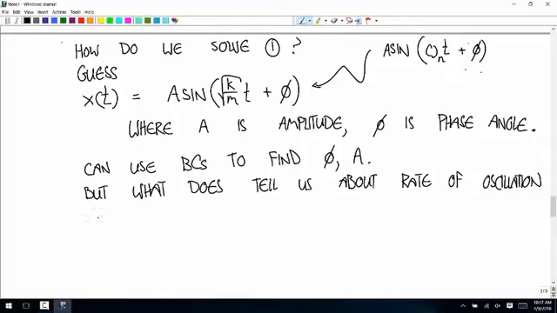We can think of that two ways. They're equivalent information, just expressed differently. The period of the oscillation or the frequency.